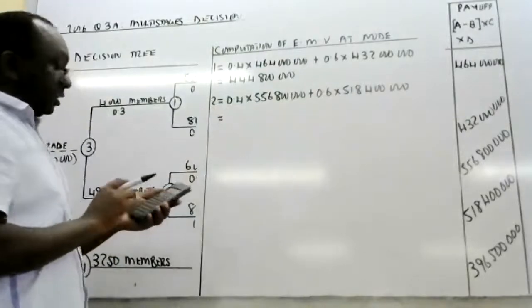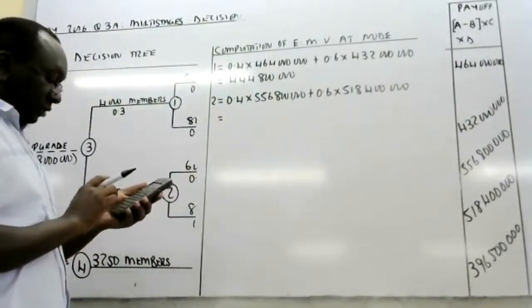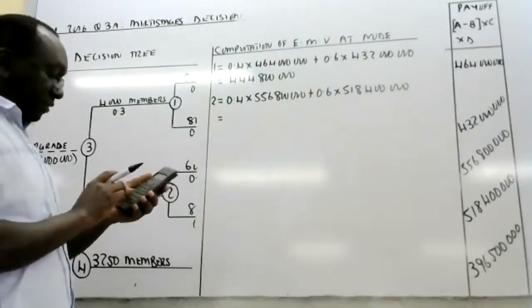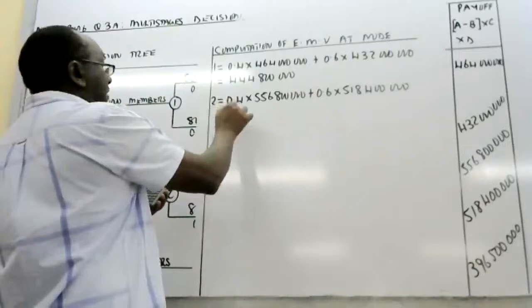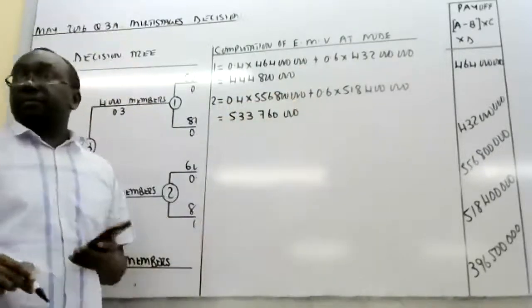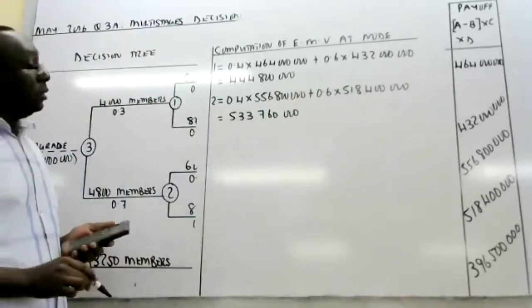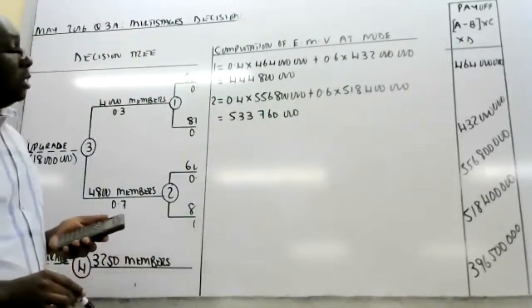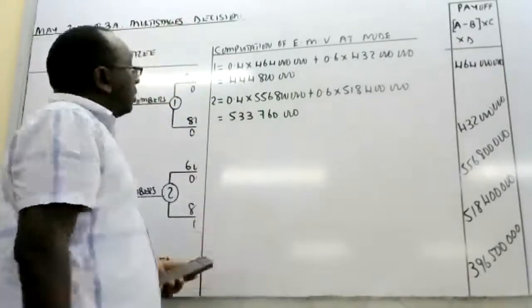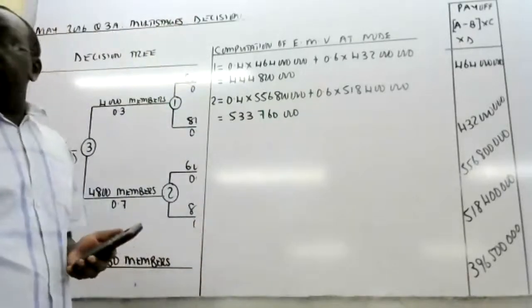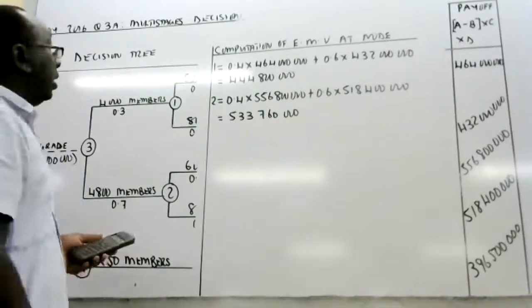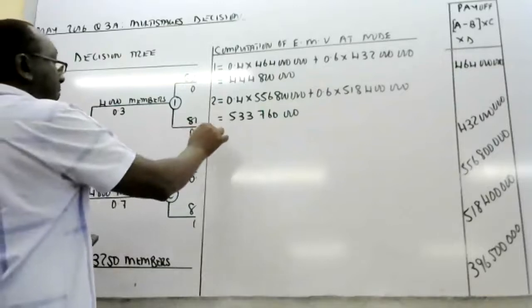So we have 0.4 times 556 plus 0.6 times 518.4 is 5,3,760,000. That's it. It's okay, yeah? Okay, so we go to number 3.